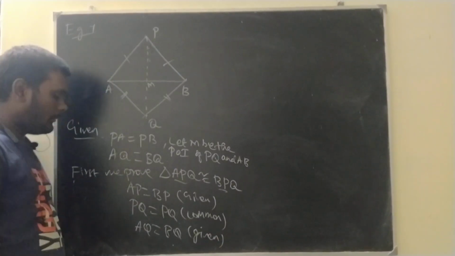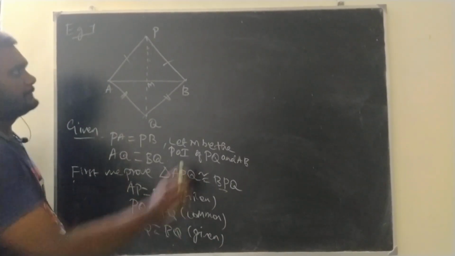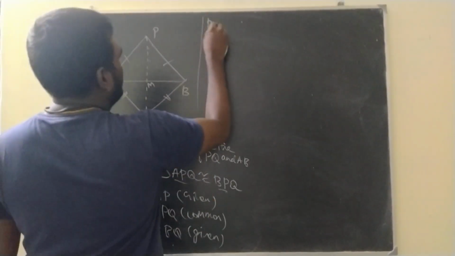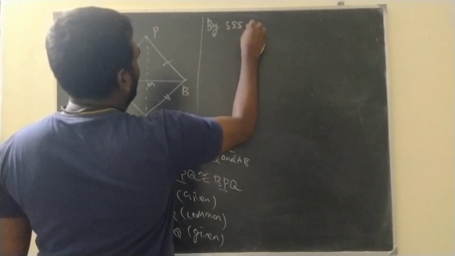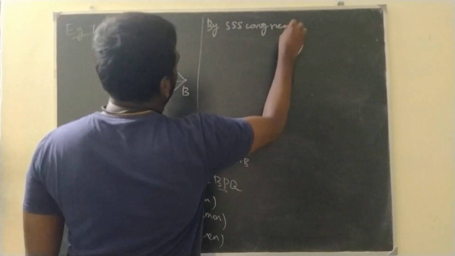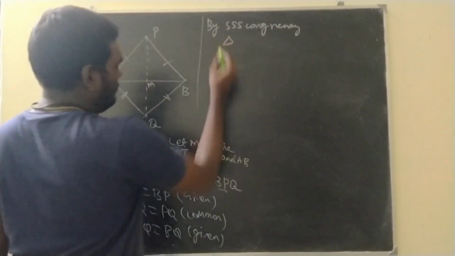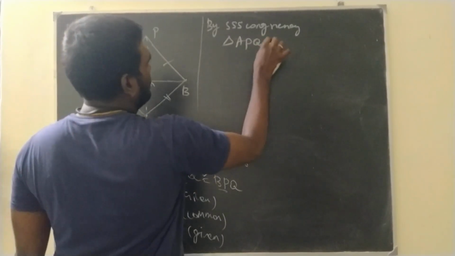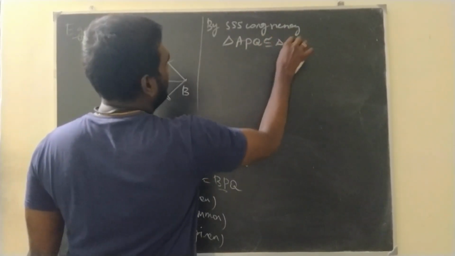Then by what congruency can we apply? By SSS congruency. We have triangle APQ is congruent to triangle BPQ.